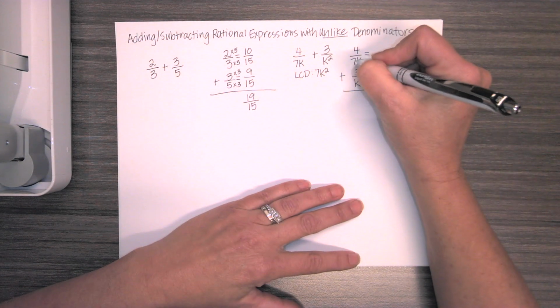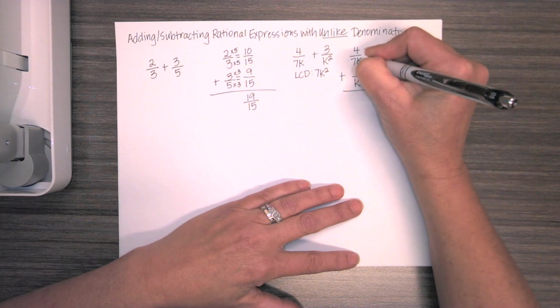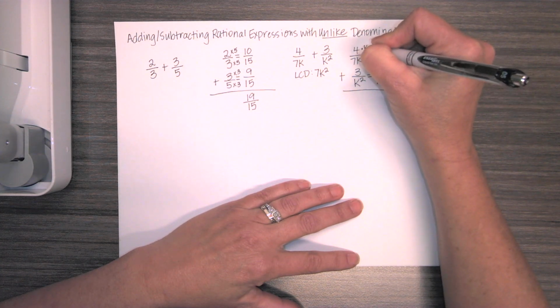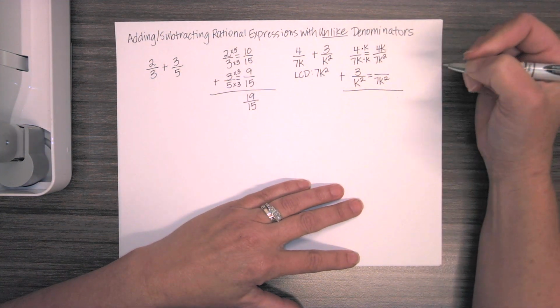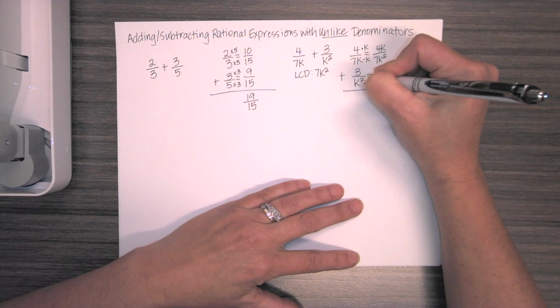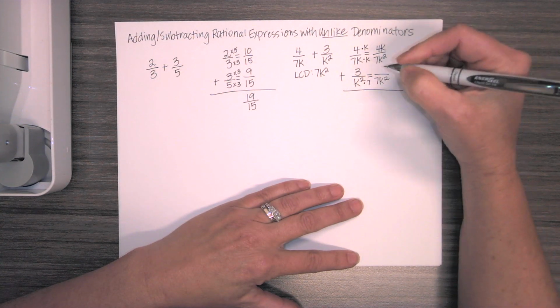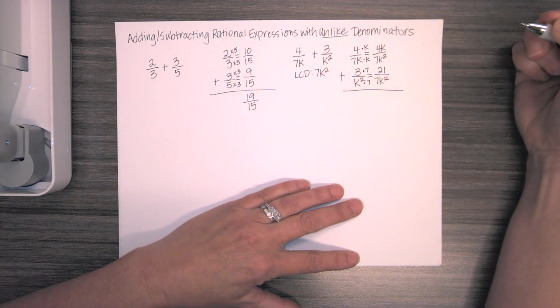So I look back here and I say, what did I multiply 7k by to get 7k squared? I would have had to multiply it by k. So whatever I do on the bottom, I do the same thing on the top, so that's going to give me 4k. Down here, I would have had to multiply the k squared by 7 to get 7k squared. I'm going to do the same thing on top, and that's going to give me 21.